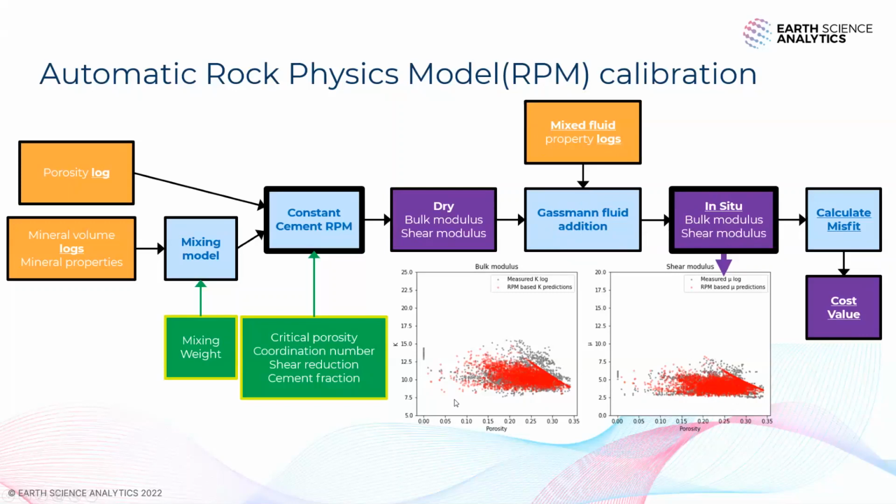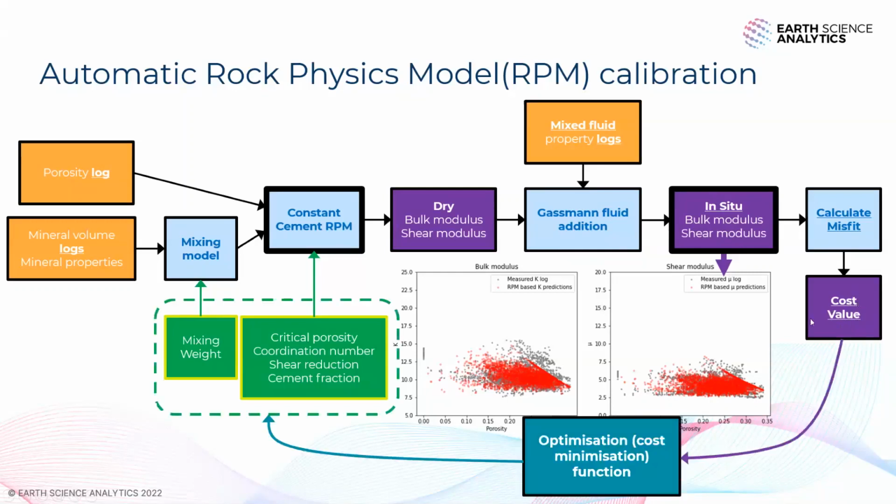What we can then do is on a point-to-point basis calculate the difference between the original point and the model point, and add those all up in a way that I'll show you in a second to give us a cost value. And then we simply want to minimize this cost value because we want to minimize the misfit, so we do an iterative optimization, changing these green parameters to minimize this cost value.